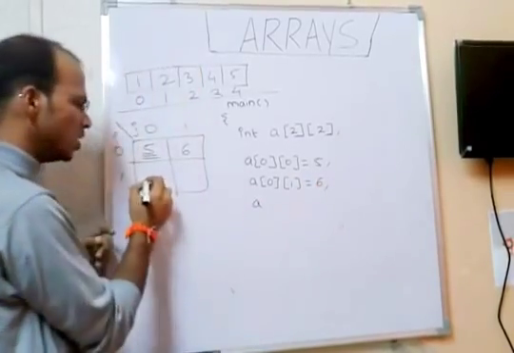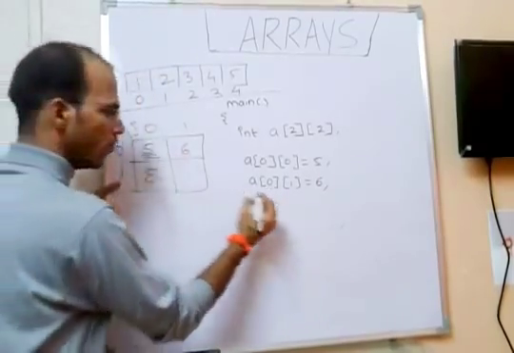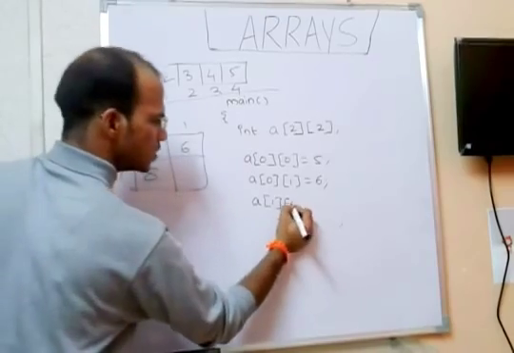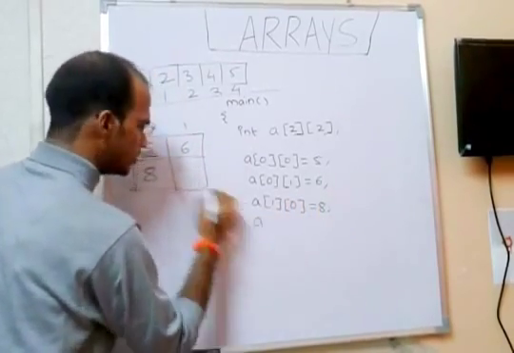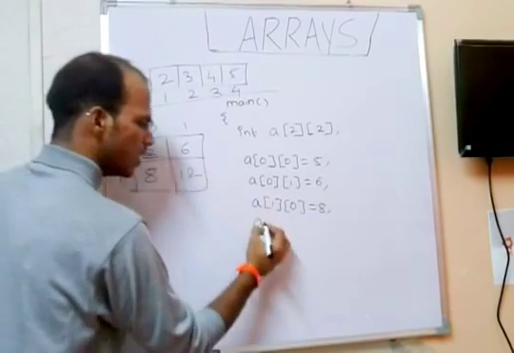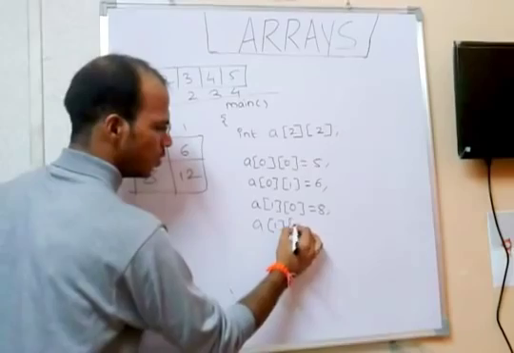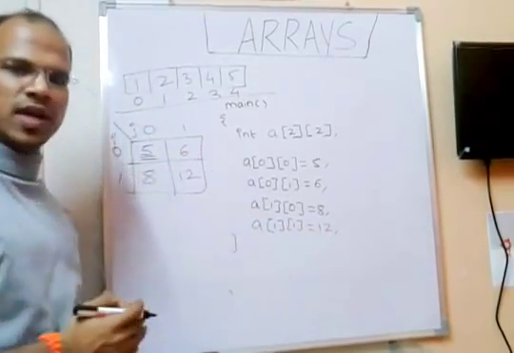If I have to store 8 here, it's 1 because it is second row, and first column, 0, equals 8. If it is this location, I want to store 12, it's A of 1 and 1, it's 12. This is how you can store values in an array.